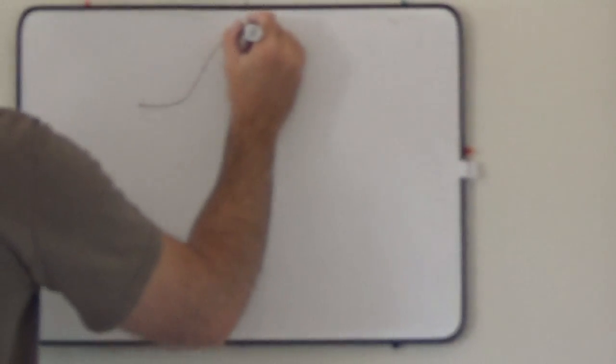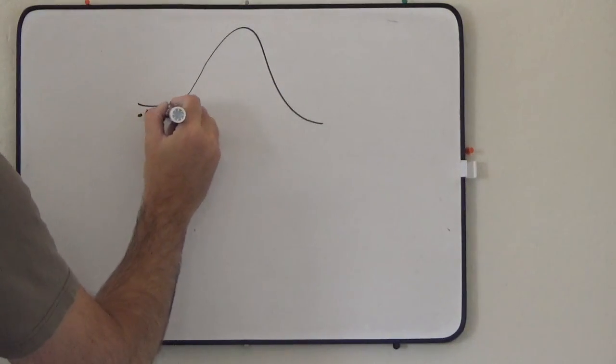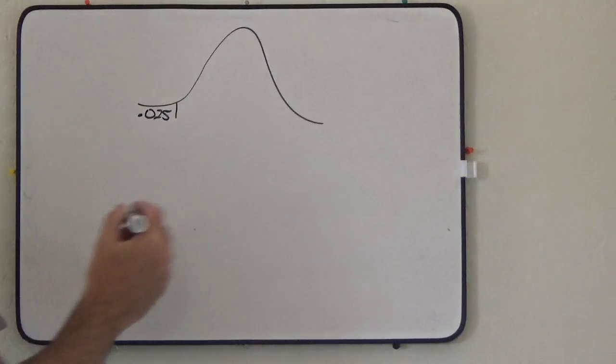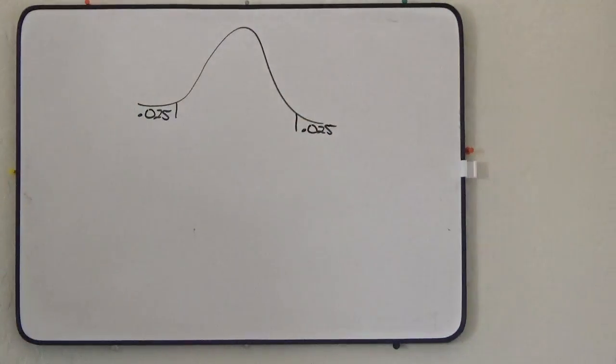In other words, we're looking for 0.025 over here, which is the bottom 2.5%, and 0.025 over here, which is the top 2.5%. Now guys, you're going to look in your book. You're not looking at the z-score, you're looking at the probabilities, and you're going to match that up to the z-score.